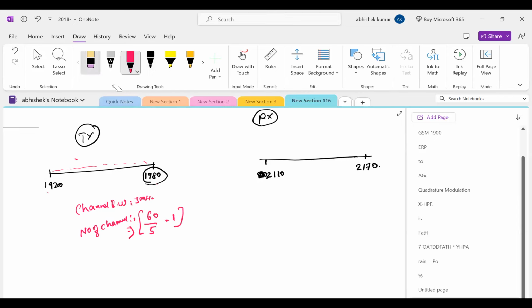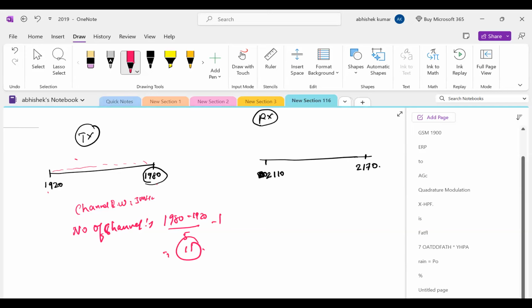You have to tell me, because I told you today how to find the number of channels. It's 11, right? 1980 minus 1920 divided by 5 minus 1, it will be 11 channels.